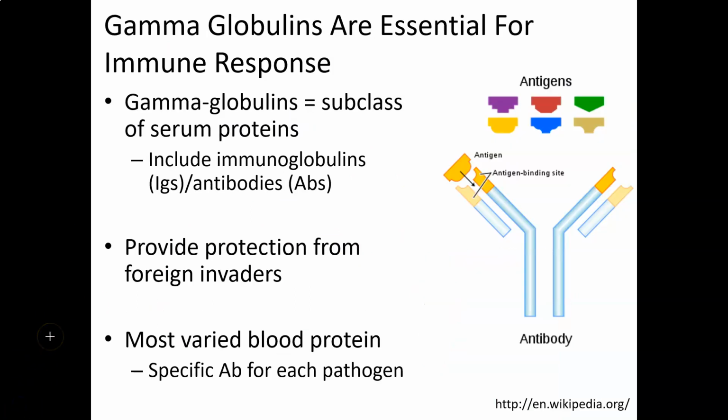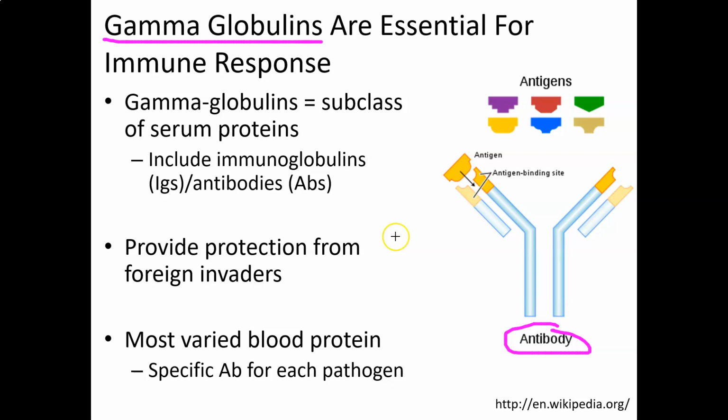The next important blood protein, or what we collectively call the gammaglobulins, while they're not the most numerous, they're the most distinctly different ones. They are essential for the immune response. There's a number of different gammaglobulins. They are subclasses of serum proteins, and they're very important in terms of antibodies.